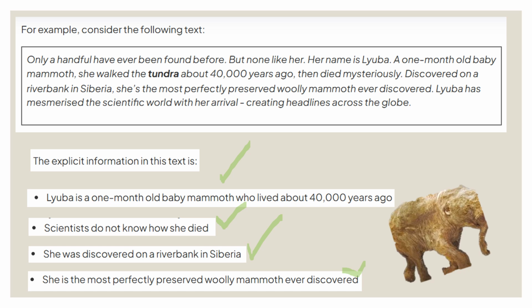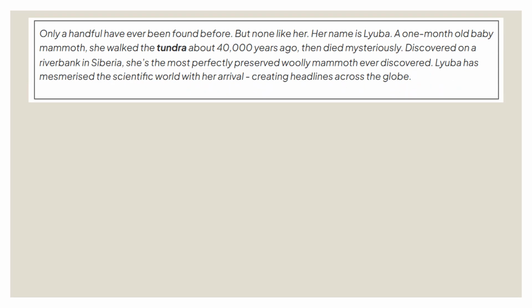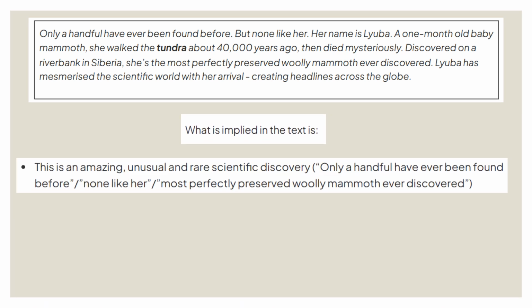But the story doesn't end here. Now we have to find the implicit meaning. Let's see how we will find the implicit meaning here by going deeper into the word choice of the writer. So I will provide you the examples and the implied meanings taken out. Let's see what the implied meanings are. Now, this is an amazing, unusual, and rare scientific discovery.